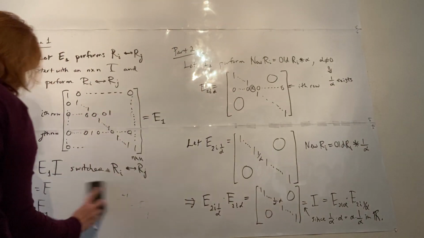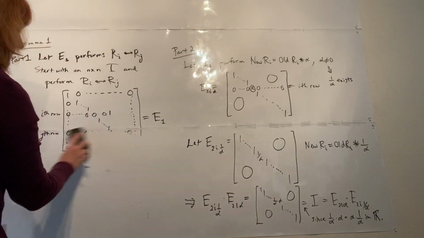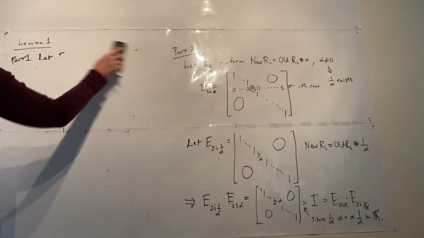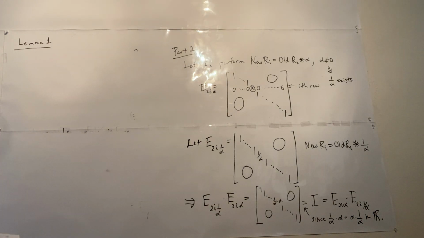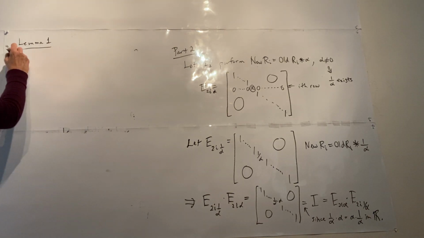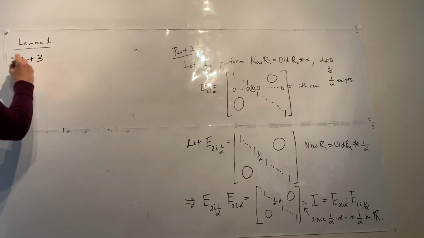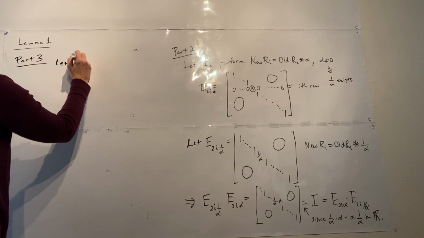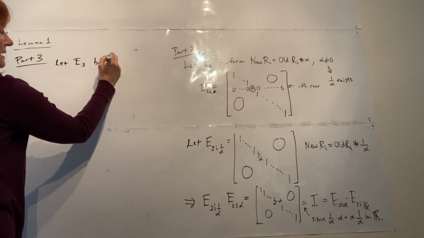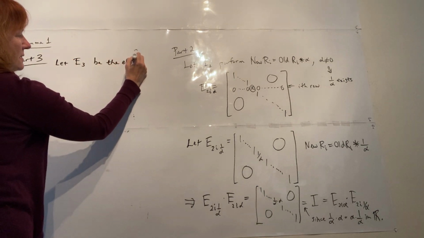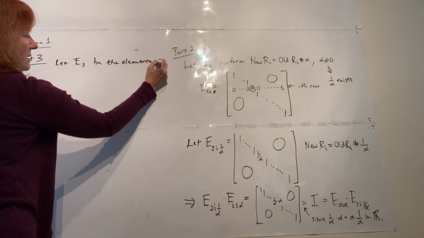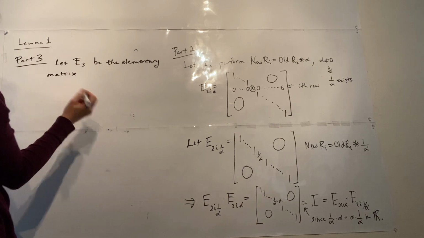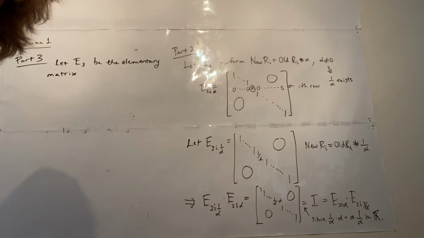Third part. Part 3. Let's let E3 be the elementary matrix that performs the third type of elementary row operation.